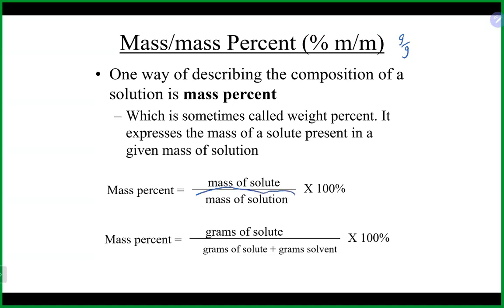When you do these type of problems, it is really the bottom part that's really important. The bottom part, remember, is a solution, which means there's two parts, and that is the solute and the solvent. So you want to make sure that you actually get the mass of the entire solution and not the mass of just the solvent. And that is because in these type of problems, it's very common that they will give you that information separate from one another.